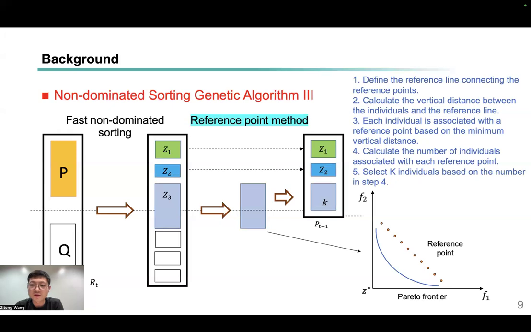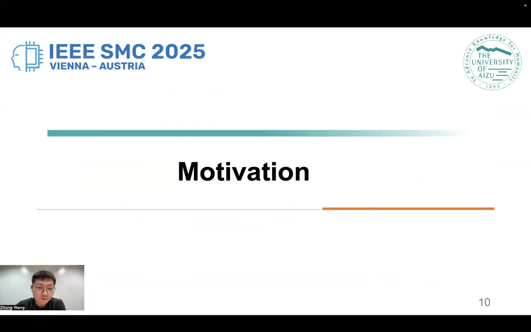Each individual is also associated with a reference point based on the minimum vertical distance, and calculate the number of individuals associated with each reference point. Finally, select K individuals based on the number in the previous step.